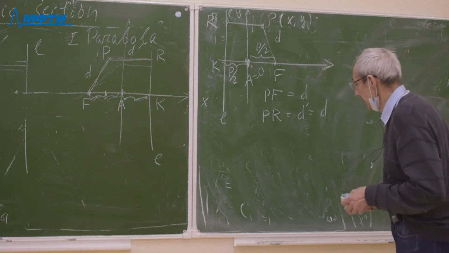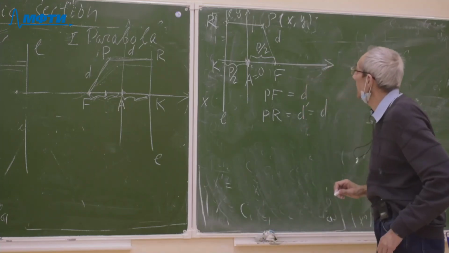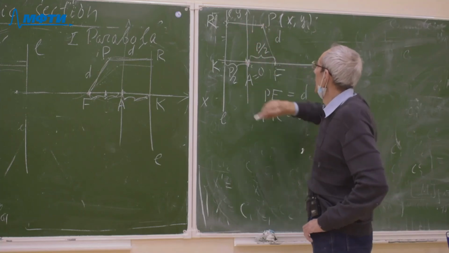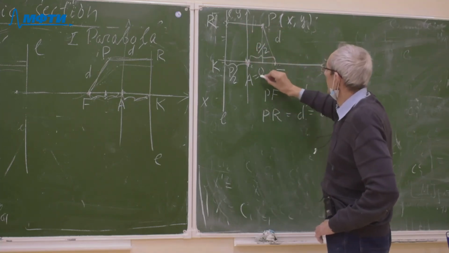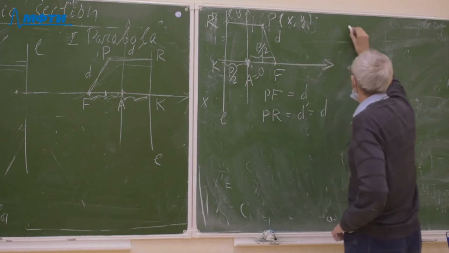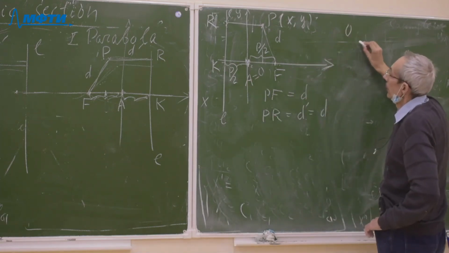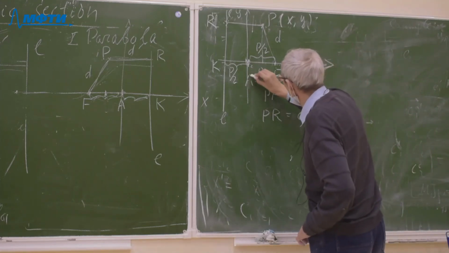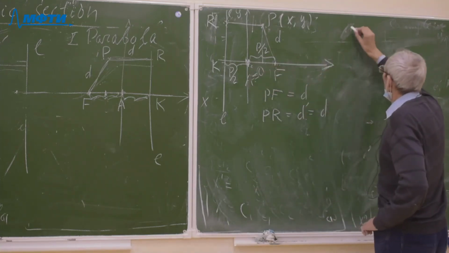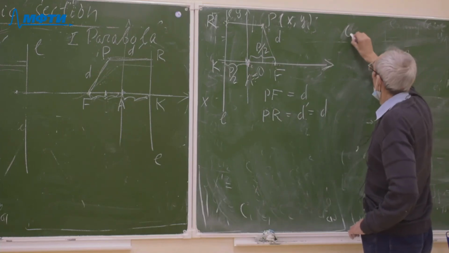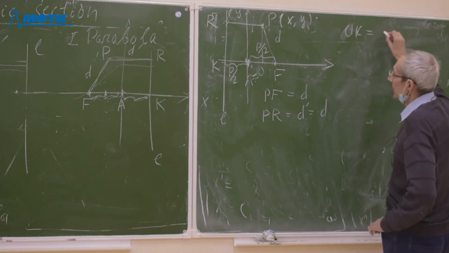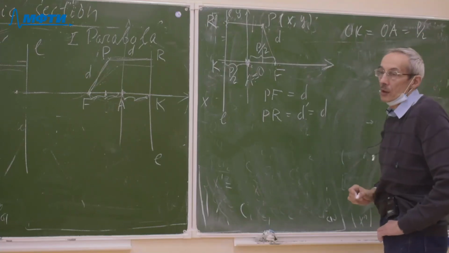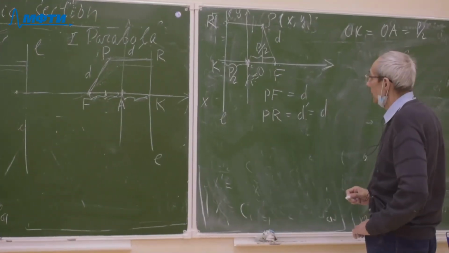Using these coordinates, let's calculate the distance between P and R. O is the origin, and OK is equal to OA, which by definition is equal to P divided by 2.